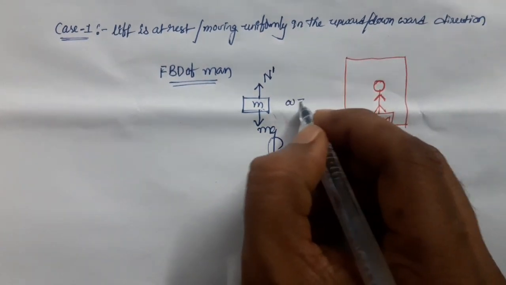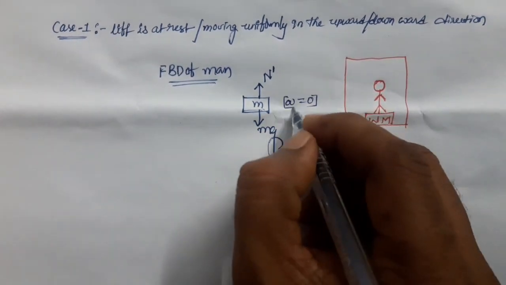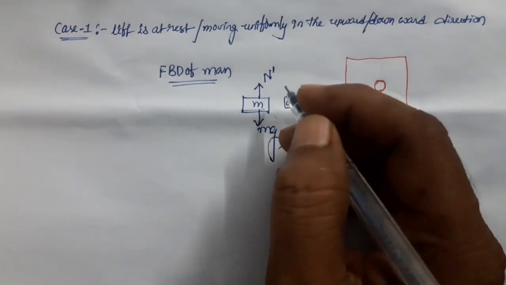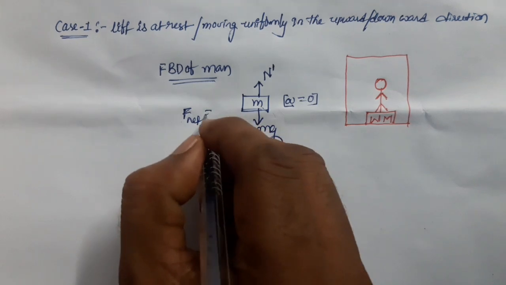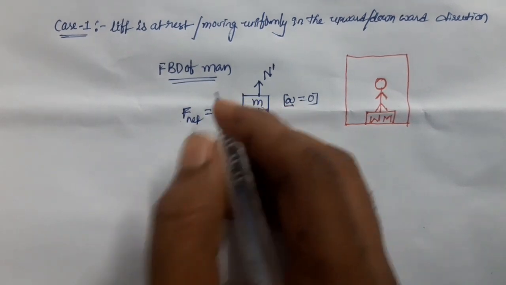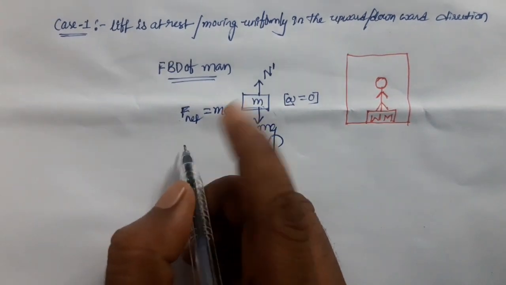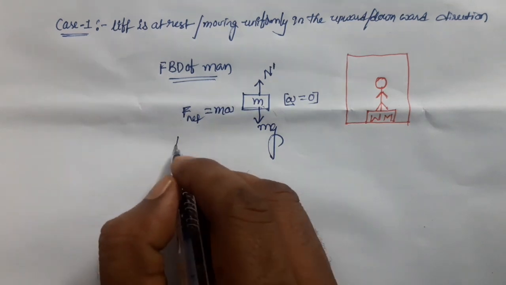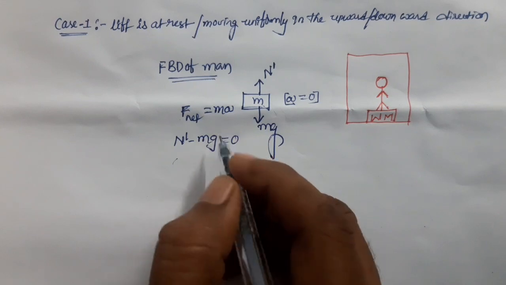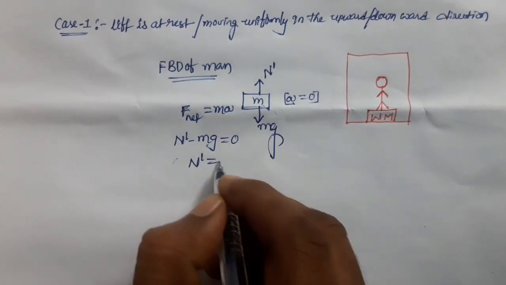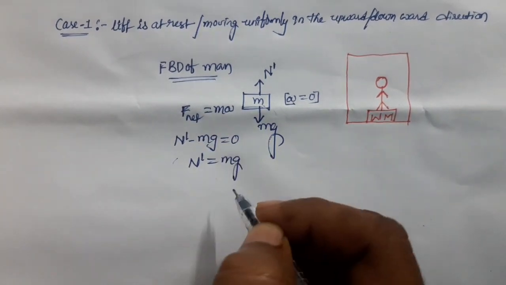Here a is equal to 0 because the lift is at rest or moving with uniform velocity. According to Newton's second law, F net is equal to ma. From this, N dash minus mg is equal to 0 because acceleration is 0. So N dash is equal to mg, students.